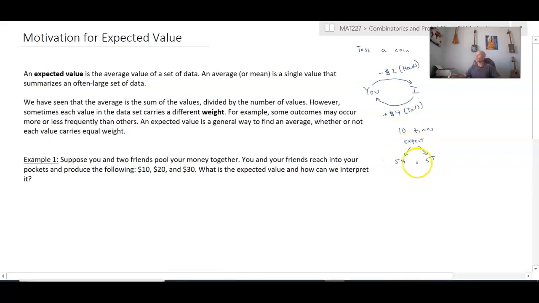So if 5 times heads comes up and 5 times tails comes up, then those 5 times that we got heads, you're going to pay out $2. Well, that means in total, you're going to lose $10. That's the bad news. But the good news is that 5 times tails came up, and 5 times 4 means you're going to get $20.